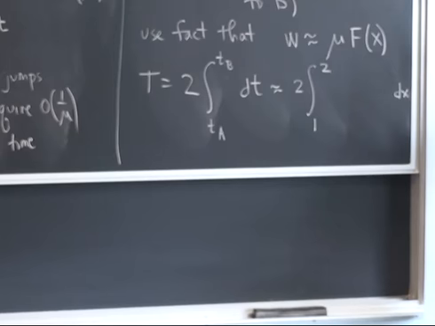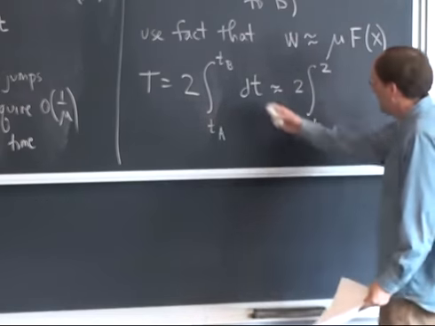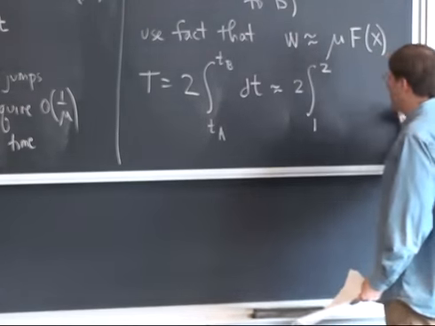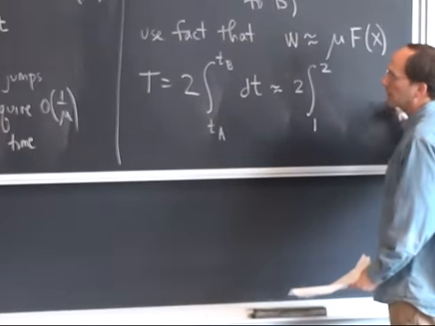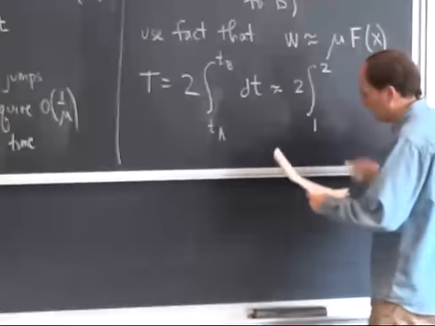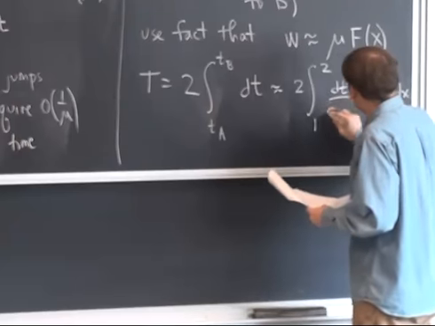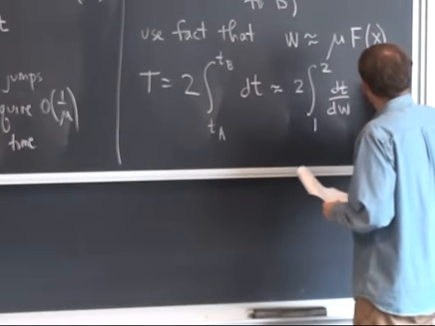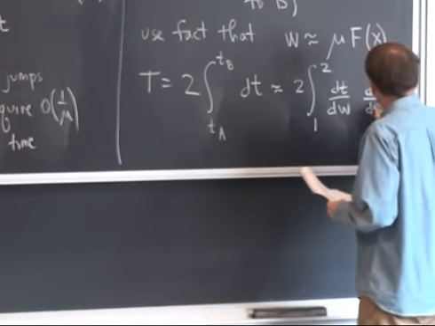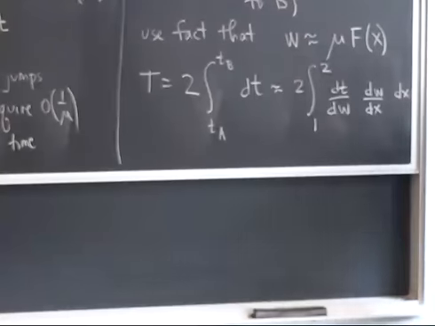Now, how can I make a dt into a dx? I could go dt over dx, but that's not going to bring in the null line information. A better way is to go dt over dw times dw over dx, where the magic of the chain rule and this Leibniz notation shows that everything cancels out and we're getting dt.